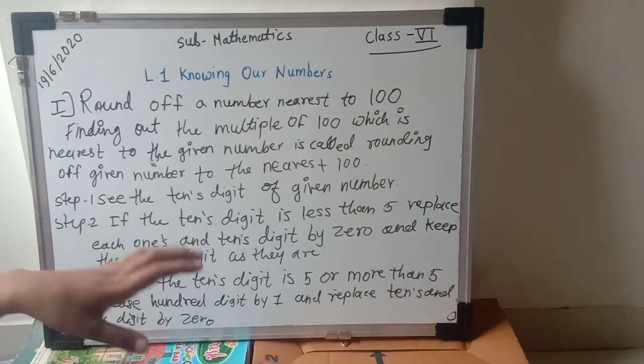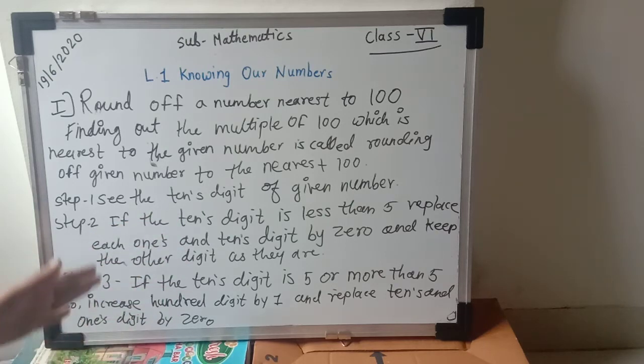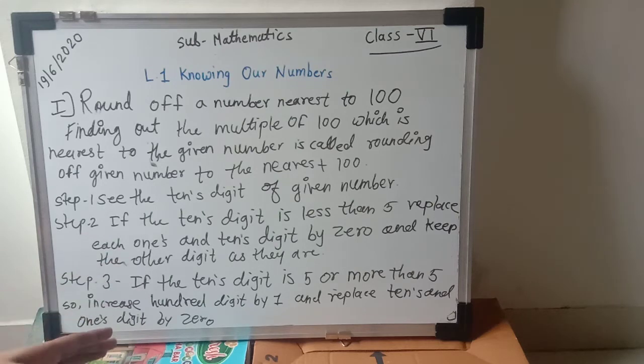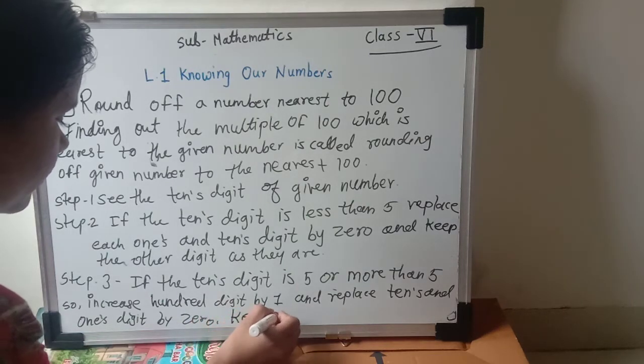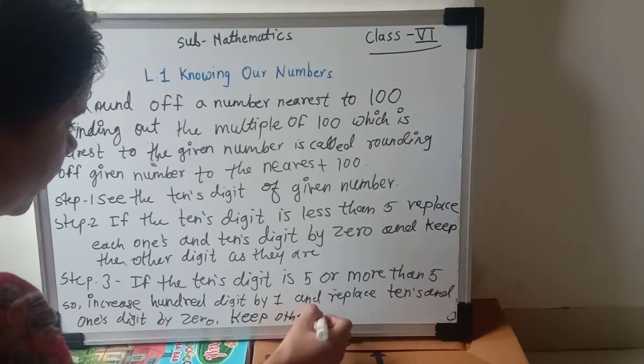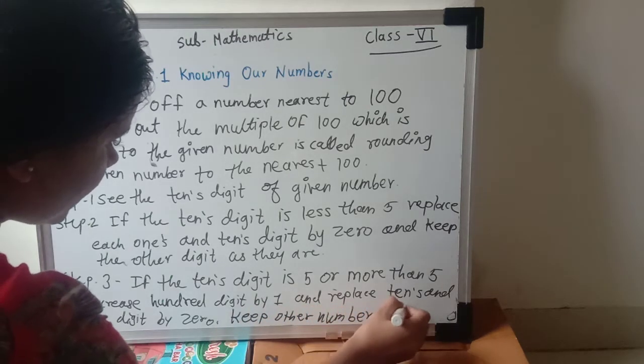Okay, so remember students, when the tens digit is less than 5, you also have to replace the tens and ones digit by 0, and when the tens digit is 5 or more than 5, you also have to replace the tens digit and ones digit by 0, and keep the other numbers as they are.